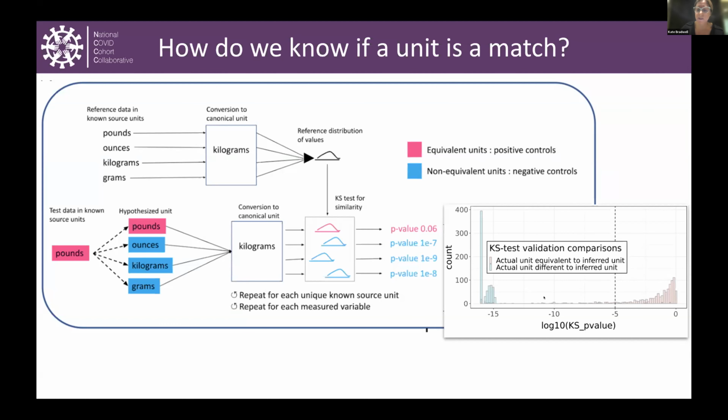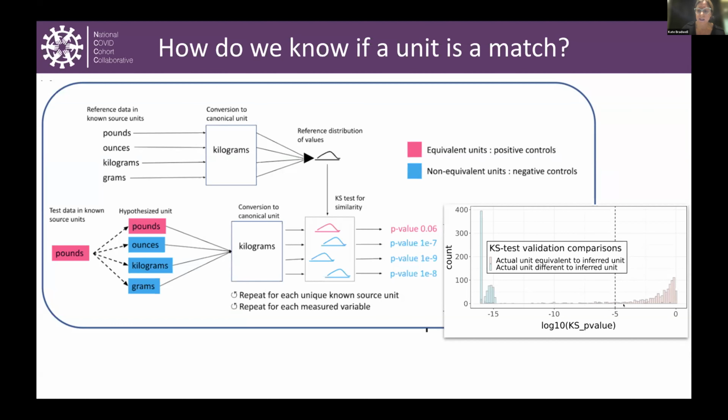Or basically first we plotted the distribution. So when it is the actual unit that the site provided, what kind of p-values would we get from the KS test? And based on this distribution, we chose a specific p-value cutoff, which was e to the minus 5.